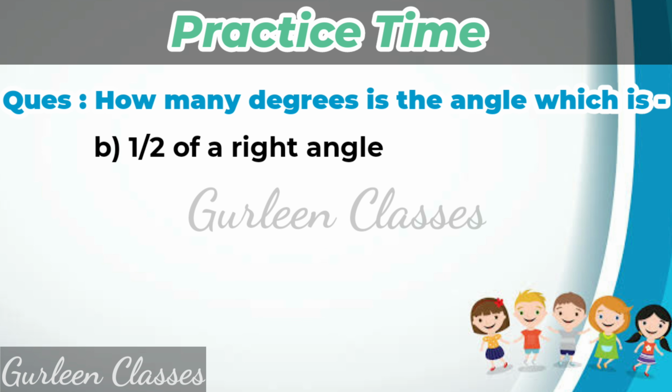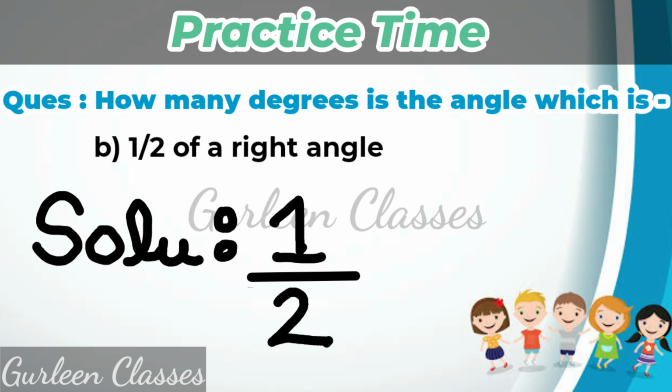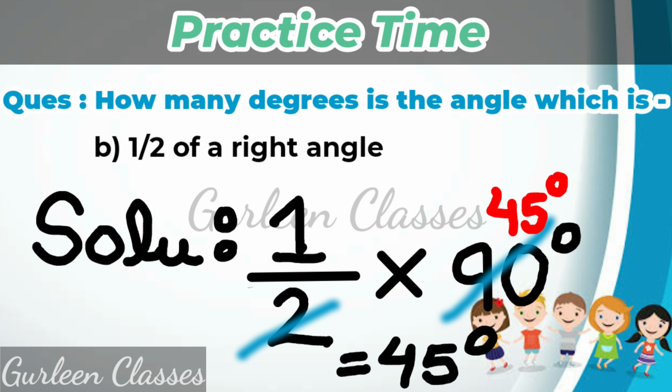Now B part, 1 upon 2 of a right angle. Solution: 1 upon 2 of means multiply by the right angle, 90 degree. So 90 divided by 2 is 45.